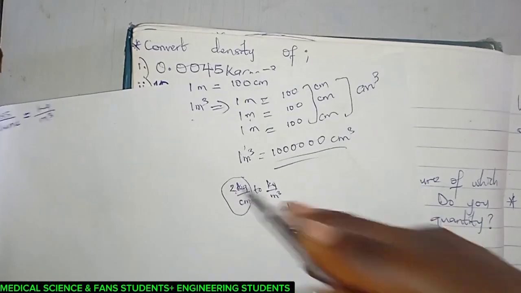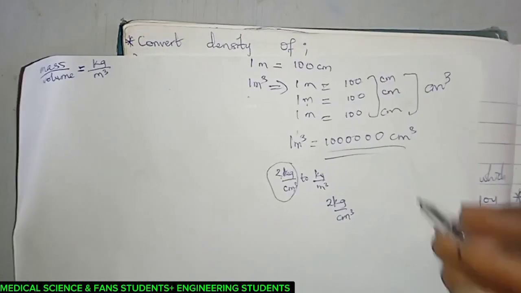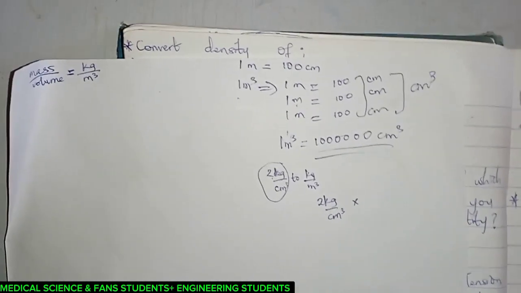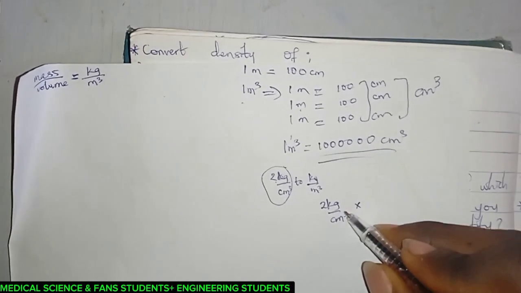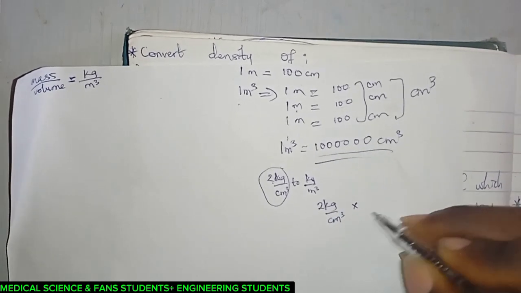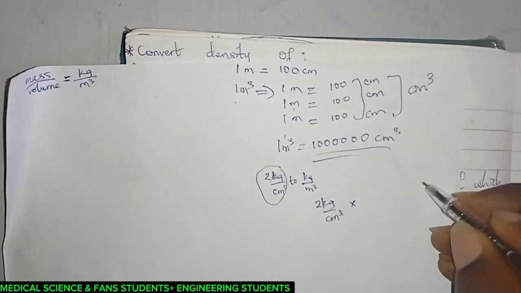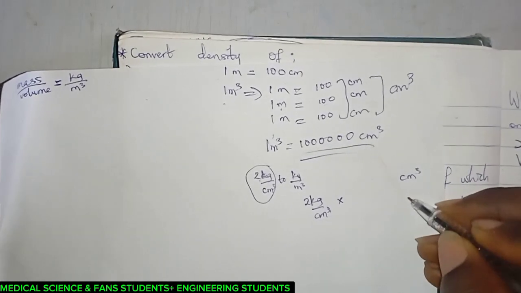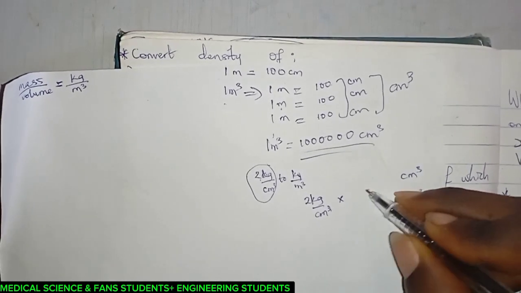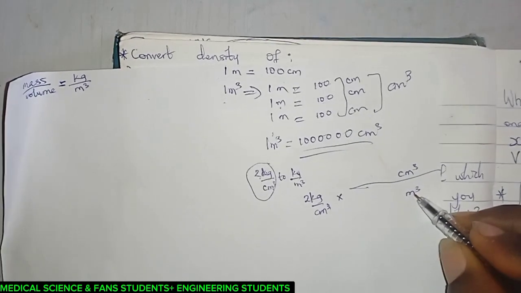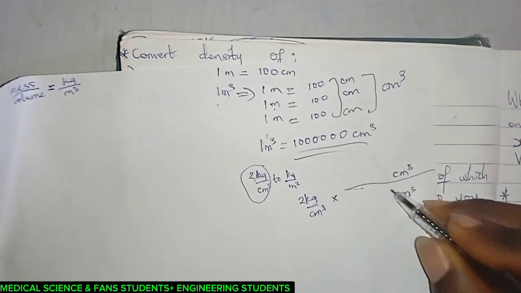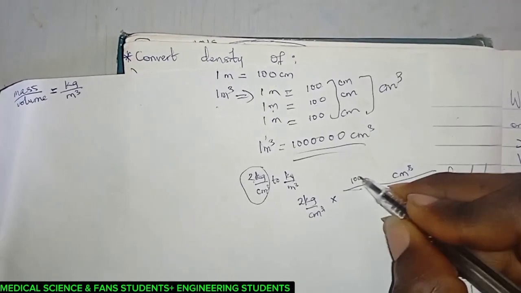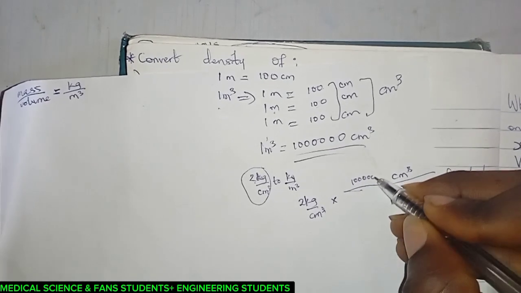Now kg, no need converting kg. So I'll now come and say times. I'll now bring a converting ratio, and I'll place cm and meter, but I'll place cm in such a position that cm will cancel cm. So I'll put cm cube up here, put meter cube down here. Then I ask myself, how many centimeter cube make a meter cube? 1 meter cube makes 1 million centimeter cube.